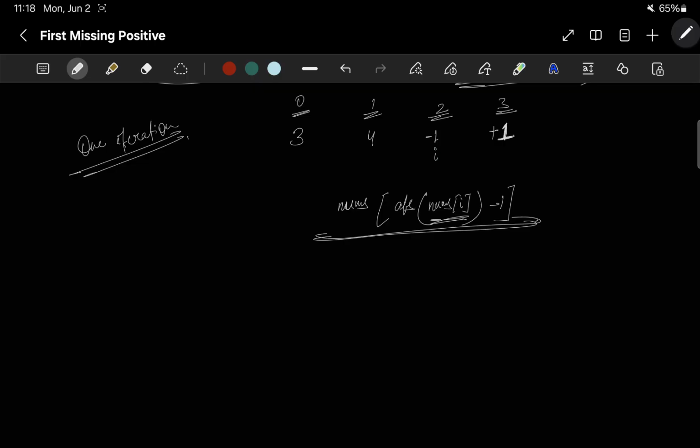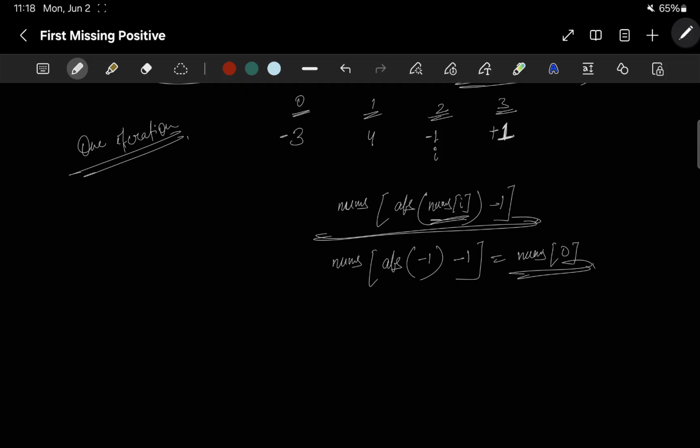So now our I has reached here. Now if you see, nums of absolute value of minus 1 is 1, so this is basically nums of 0. If we make nums of 0 negative, we find it like this.